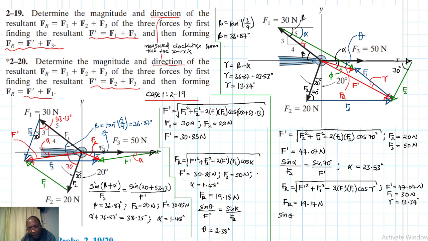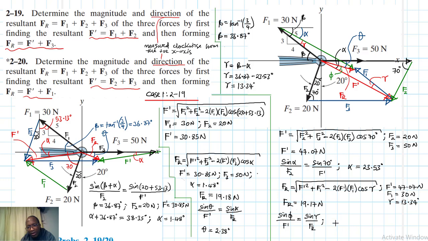Sine phi divided by F prime is equal to sine gamma divided by FR. And we know already these values: F prime, we know what FR is, we just finished calculating it, and we know gamma.